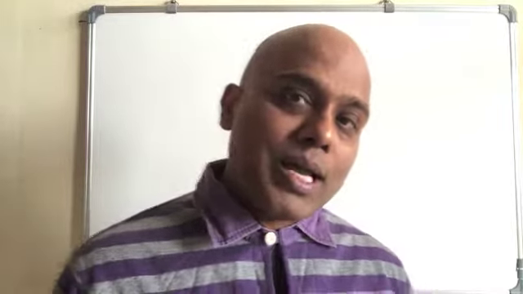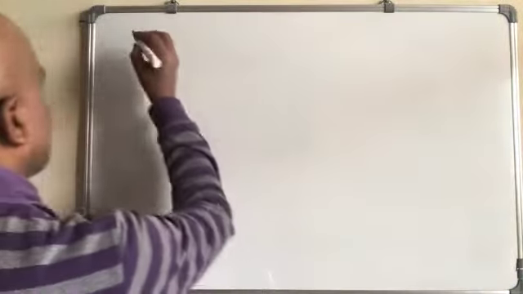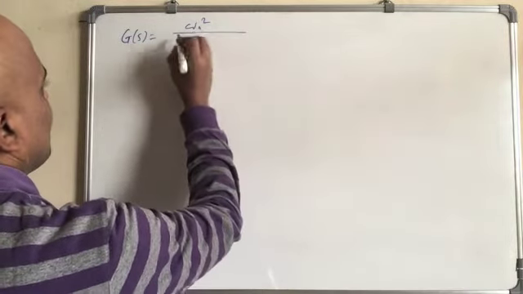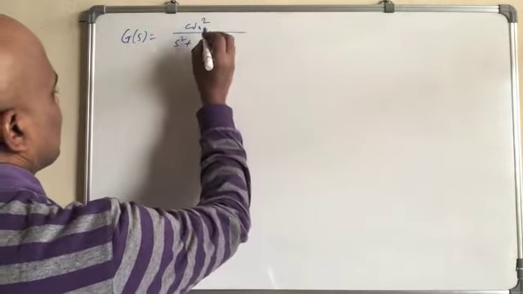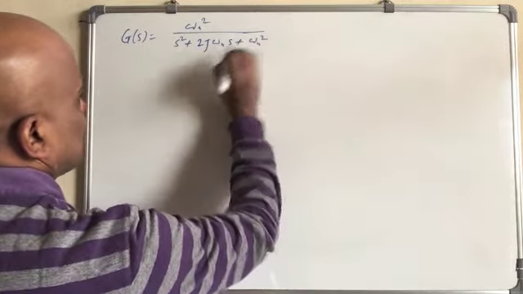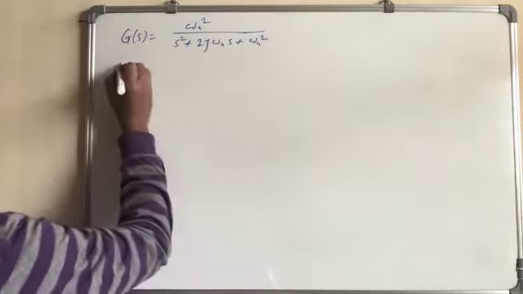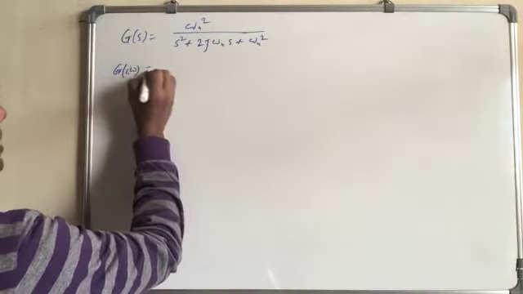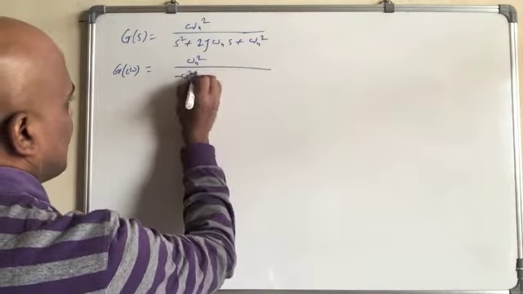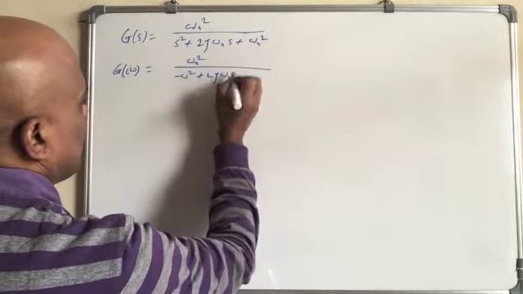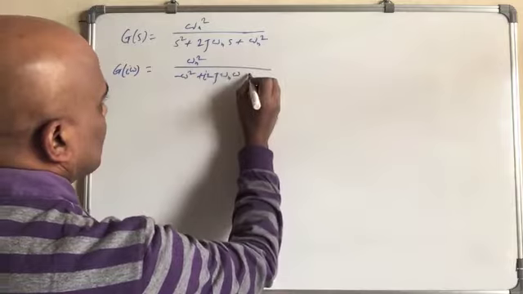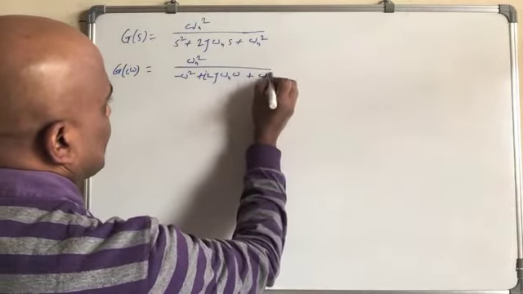Similarly, we can look at the second order system. The second order system looks like G(s) equals omega n square over s square plus 2 zeta omega n s plus omega n square, and hence G(i omega) is given by simply omega n square divided by minus omega square plus 2 zeta omega n omega i plus omega n square.